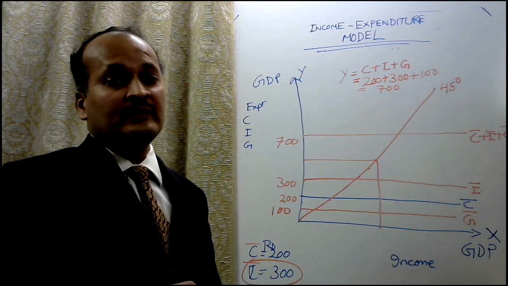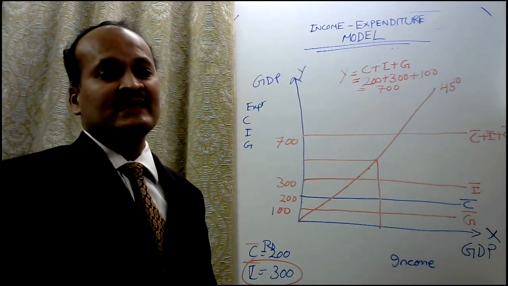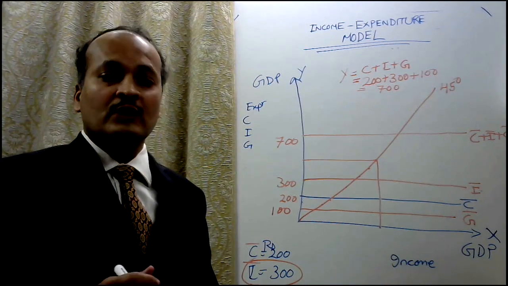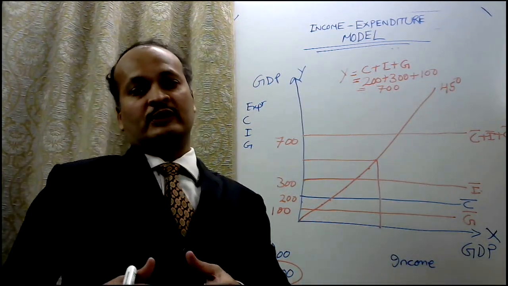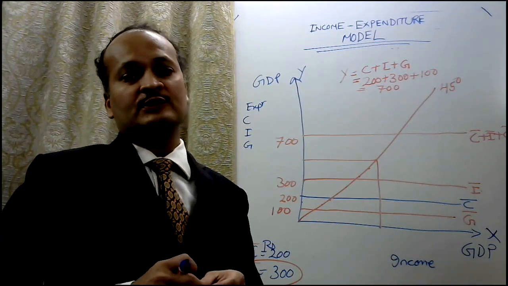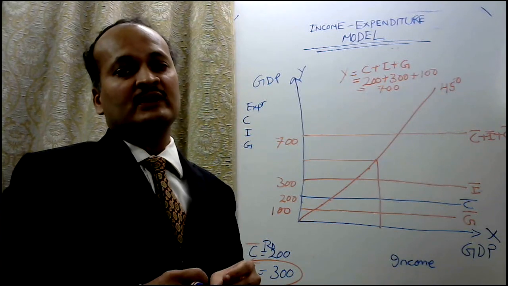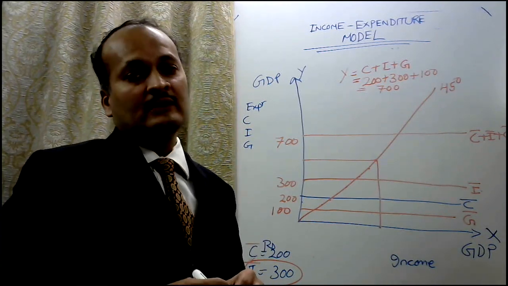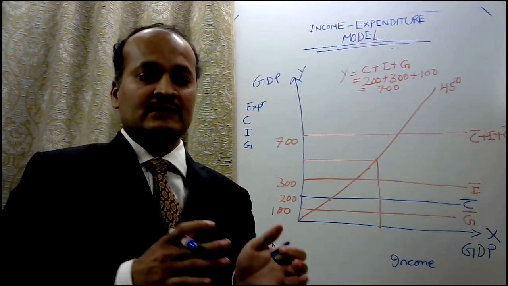So at the beginning of the month, when you planned 500 rupees of savings, that was your ex ante savings. But when you come to the end of the month, you found that it is only 300 rupees. So ex post savings were 300, but ex ante savings were 500. In that sense, there is a difference between ex ante and ex post.